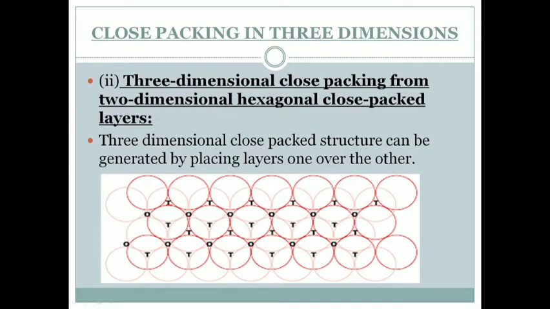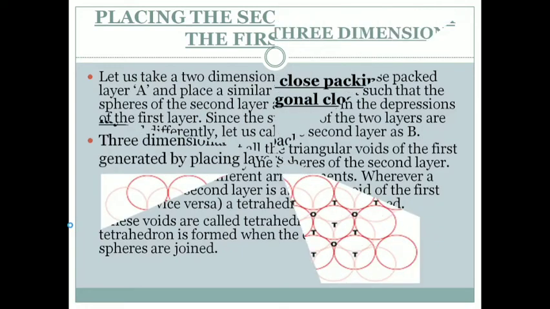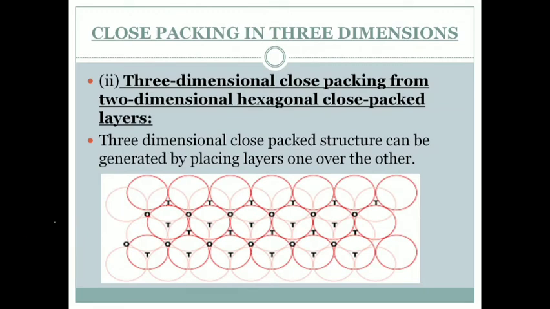So let us take a two-dimensional hexagonal close packed layer, this one, and place a similar layer above it such that the spheres of the second layer are placed in the depressions of the first layer. Here you can see in this depression one layer is placed.